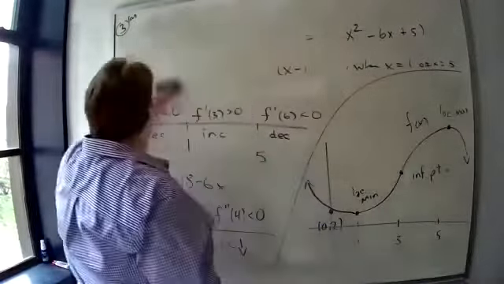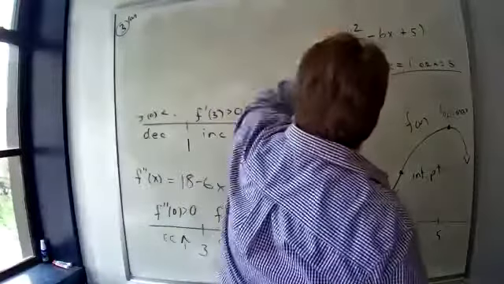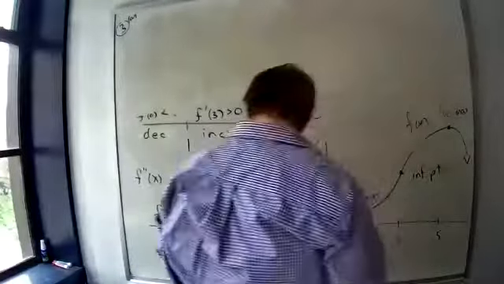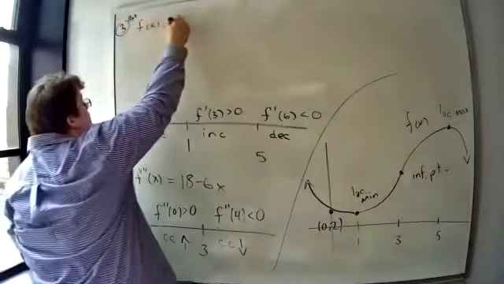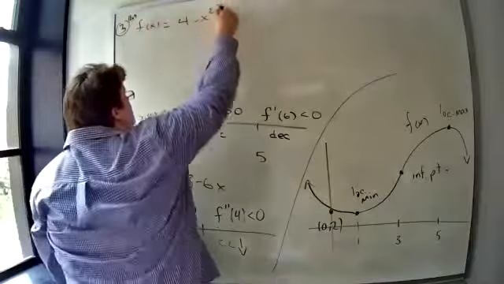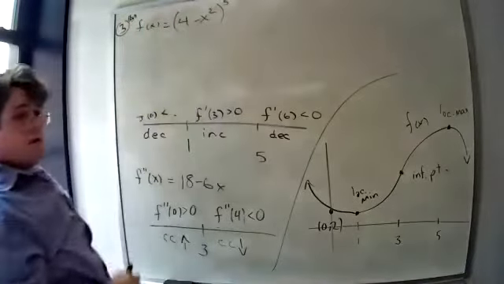We're going to do the same thing, but the function here is a little more complicated. We have 4 minus x squared, all to the 5th.